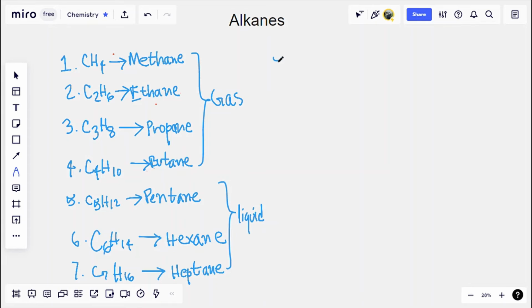The eighth one is C8H18, known as octane. The ninth one is C9H20, known as nonane.